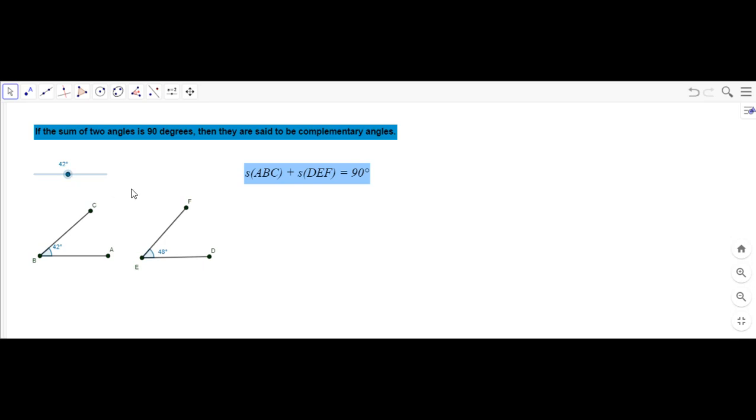Okay, 42 degrees. Then the other angle should be 48 degrees because I want the sum of these two angles to equal 90 degrees. It cannot change. So you can see that they are all acute angles. They can't be obtuse or right angles because their sum cannot be bigger than 90 degrees.